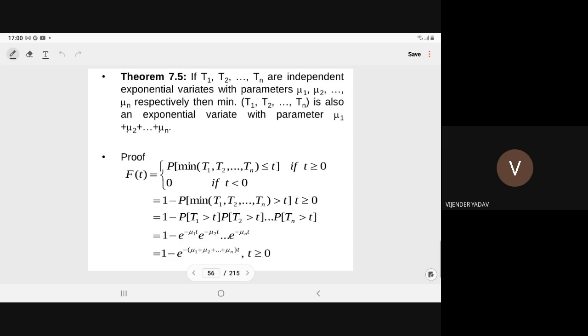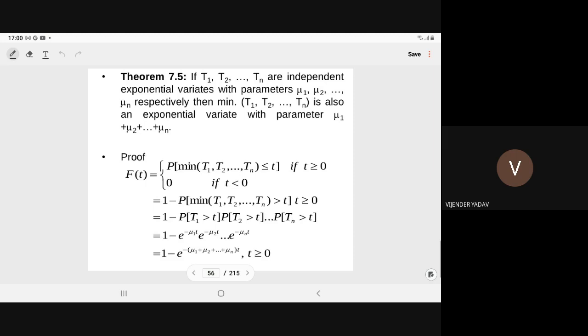So in the morning we studied a few theorems related to the exponential distribution, because in this course we have the Poisson queue, and for the Poisson queue the basic condition is that the inter-arrival time as well as the service time should follow the exponential distribution.